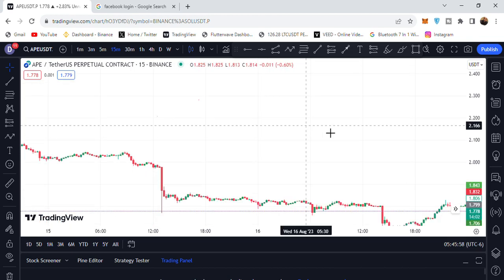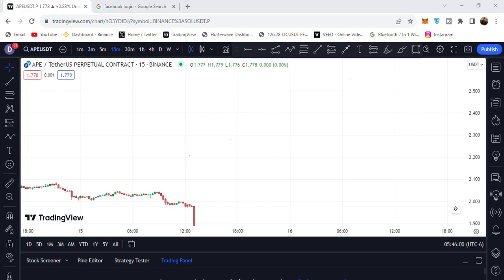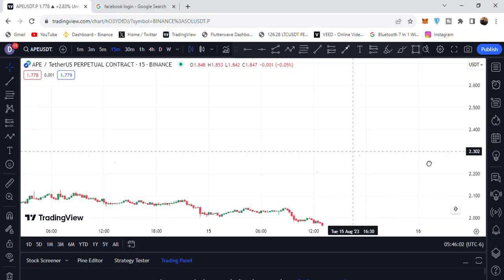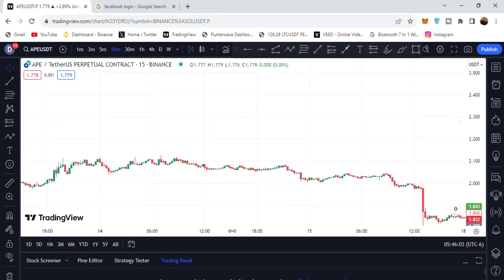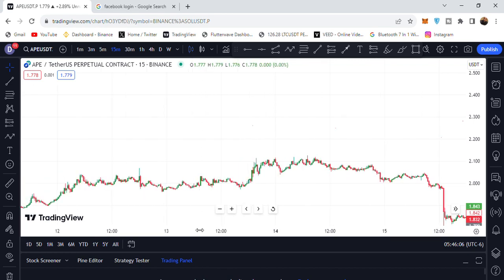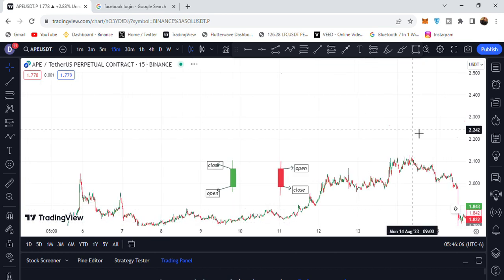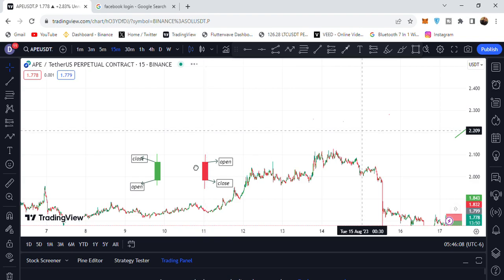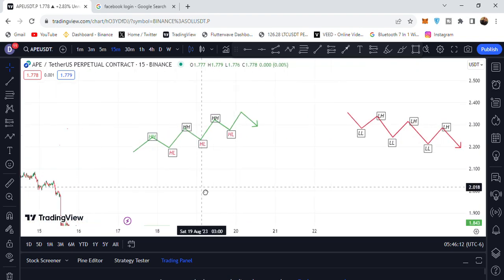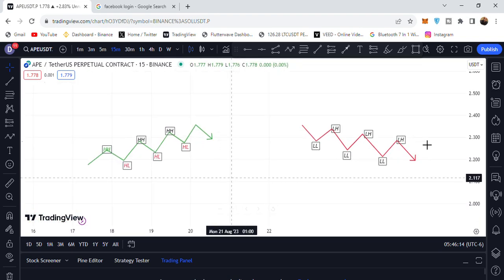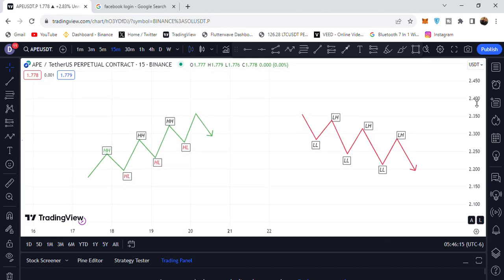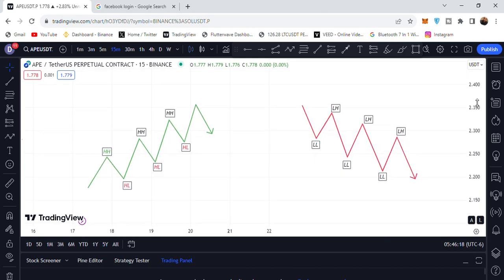Now that you know how to identify a candlestick, the next thing you need to know is trend identification. You have to know where all of these candlesticks are heading. Are they going on an uptrend or a downtrend? Let me quickly use a textbook example before I show you an actual example.